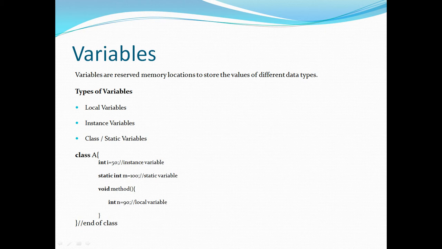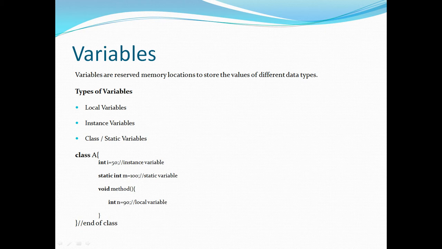And here also m is a variable of type integer, and it is also of type static. You will come to know about these static variables. And here n is a variable of type integer, and it stores the value 90. That 90 is an integer value.